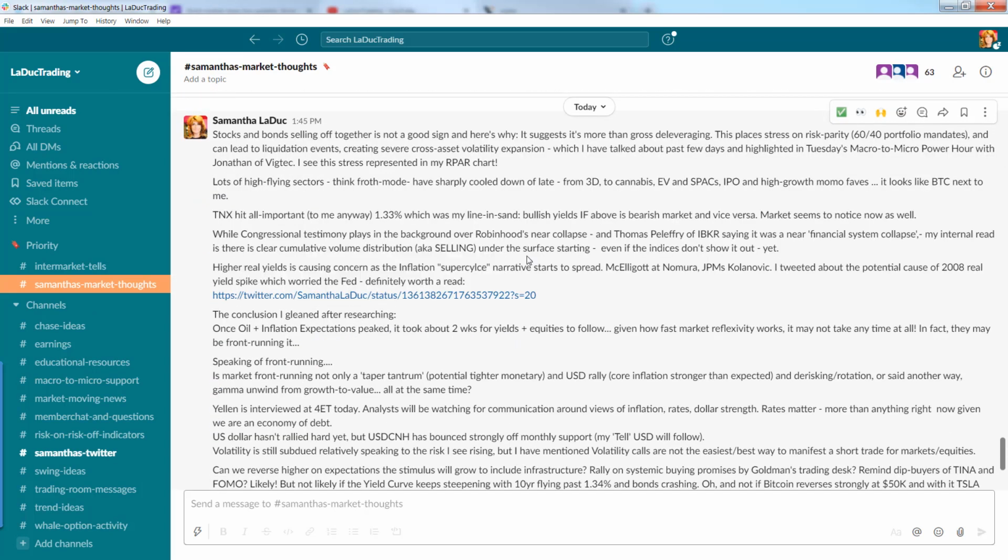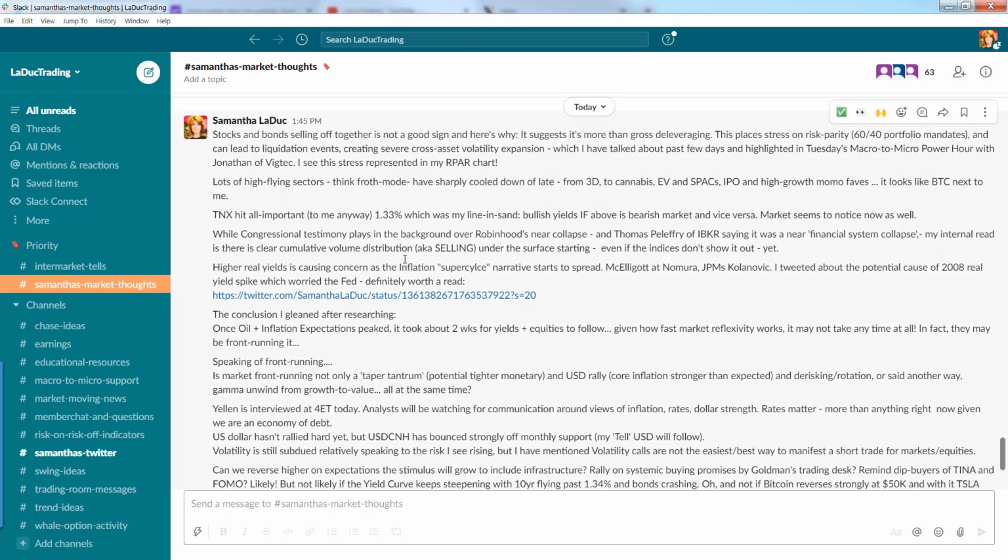It's not a good sign. It typically shows more degrossing. That's gross deleveraging that's going on. And the places I see stress are on the risk parity model, the 60-40 portfolio mandates when you have stocks and bonds selling off together. And this can lead to liquidation events, creating severe cross-asset volatility expansion. And this is what we talked about in the Tuesday macro to micro power hour.